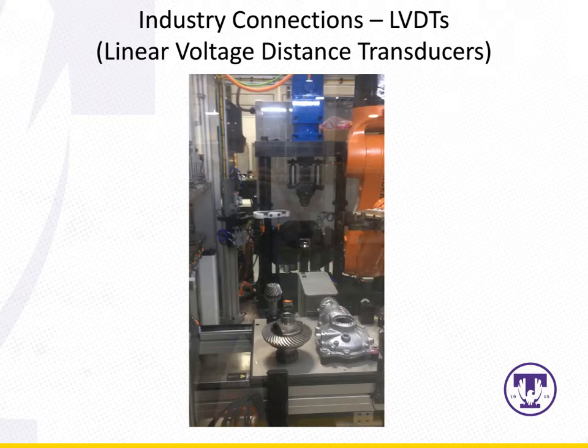First of all, in this industry connections video, we're going to see LVDTs used to measure something very precisely. LVDT stands for linear voltage distance transducer. It performs a linear translation from distance into voltage.